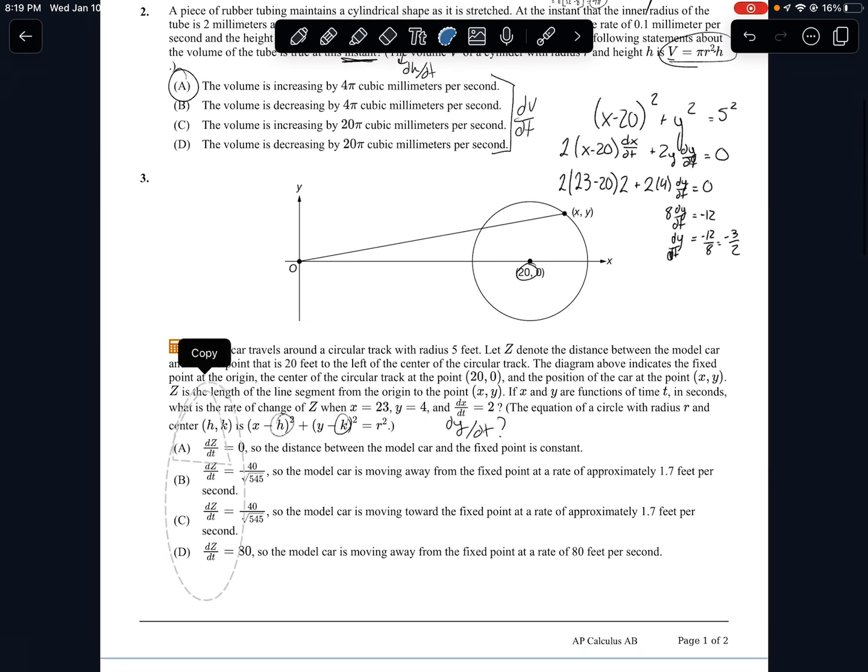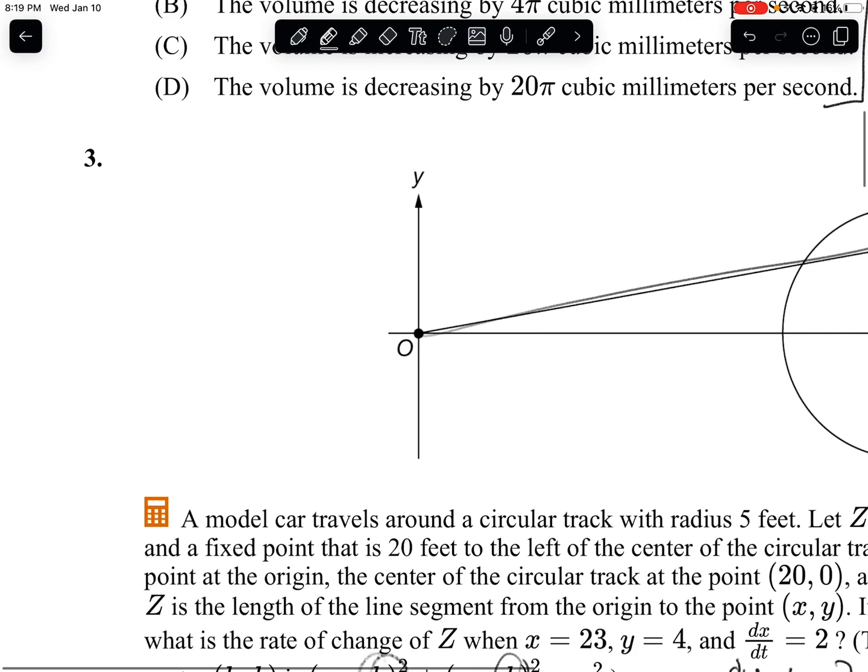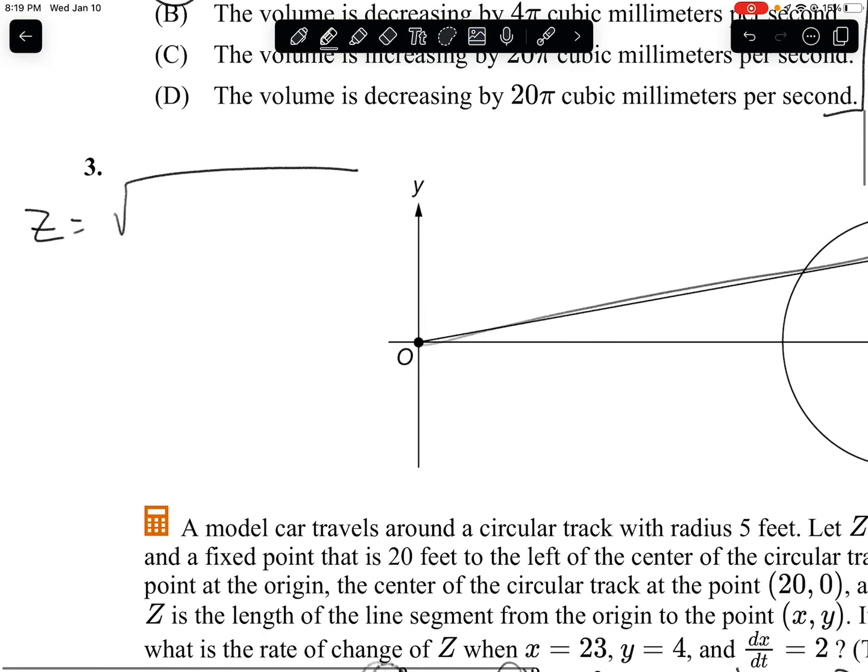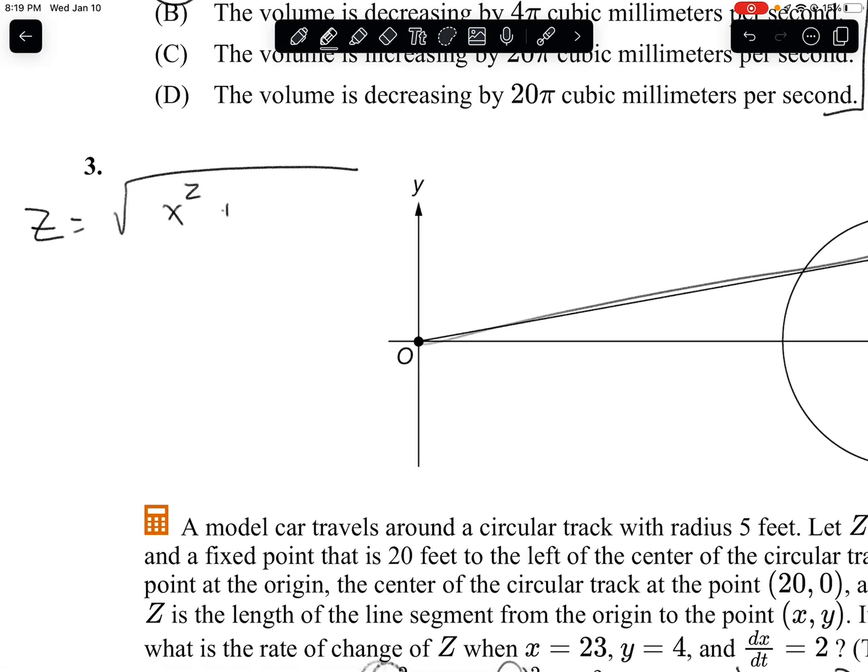We're not done with this problem because I still have to find dz/dt, and I'm going to show you where you might fall into this pitfall. So z is the distance, so I'm going to need to use the distance formula. So z is equal to the square root. Now I'm finding the distance from a point to 0. All it's going to be is x squared plus y squared. So it's going to be really easy.